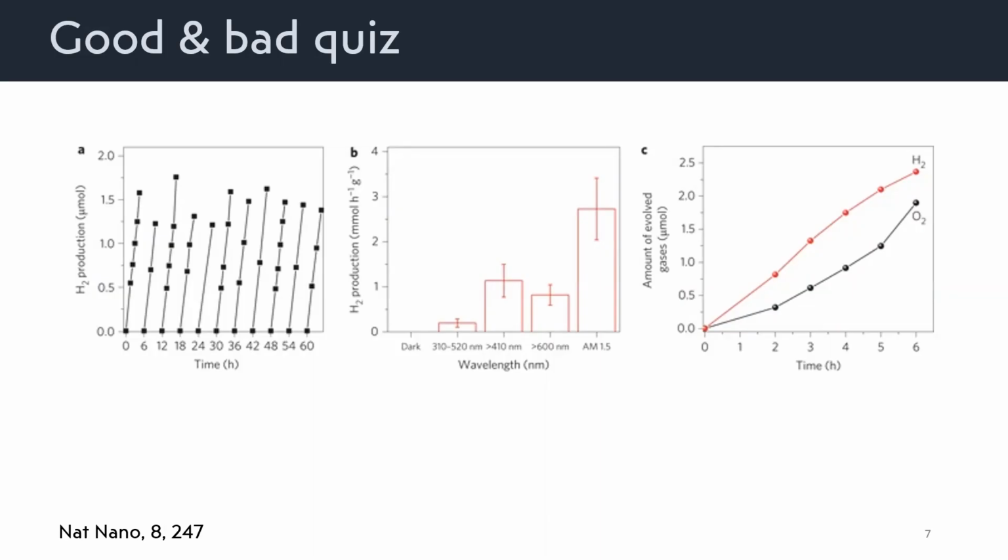Actually, a good thing that could be added is in panel B. In principle, the addition of the three bars in the center corresponding to the 300 to 500, 400, and 600 nanometers should in some way be related to the total hydrogen production under AM 1.5 illumination.